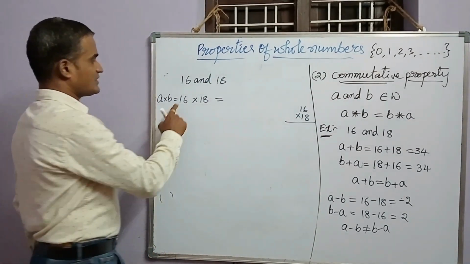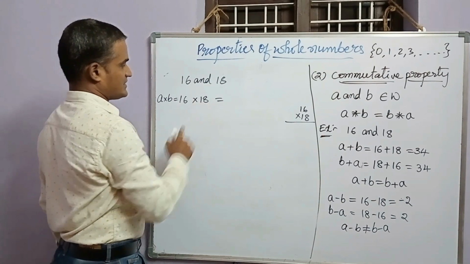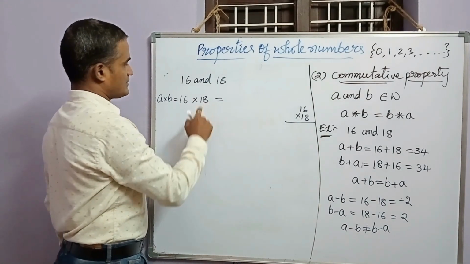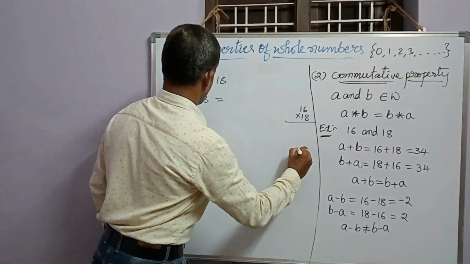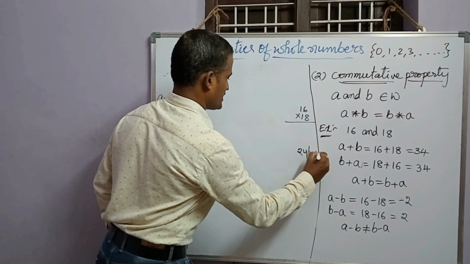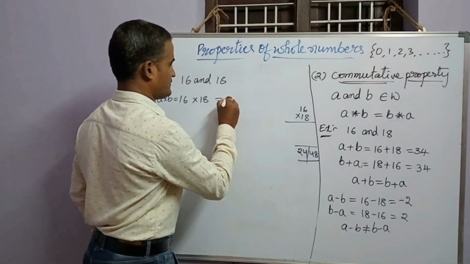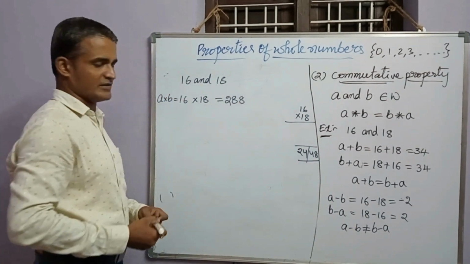One way is to split 18 as 10 plus 8: 16 times 10 is 160, and 8 sixteens are 128, so 288. 288 will be the answer here.